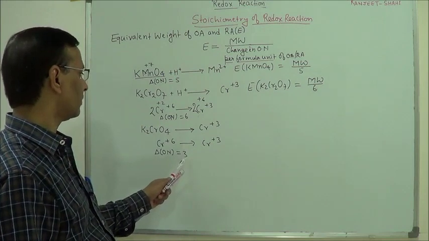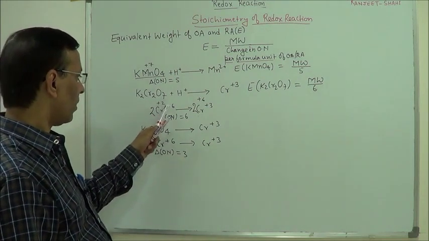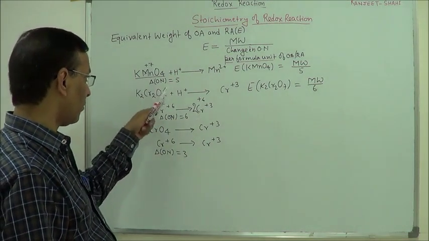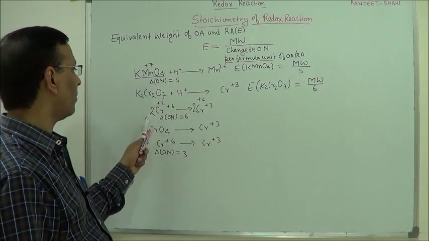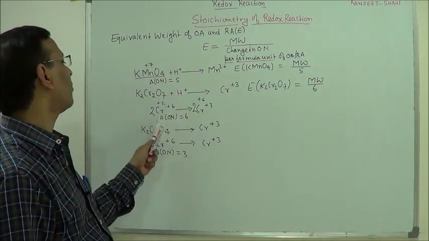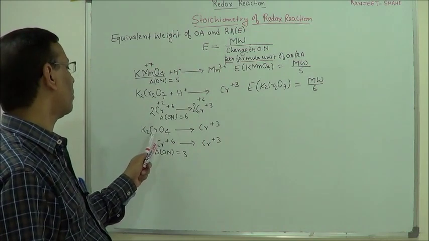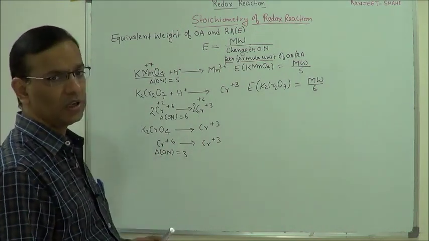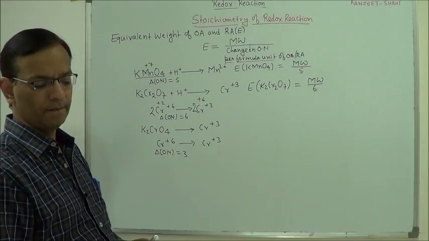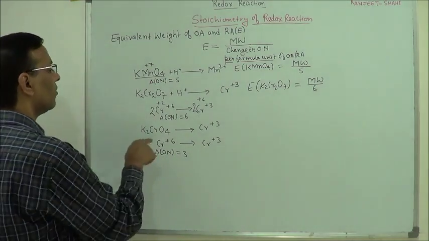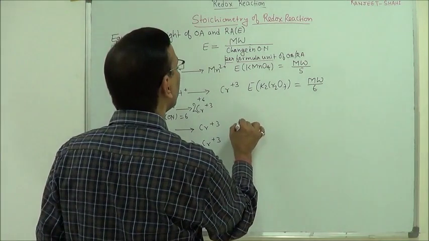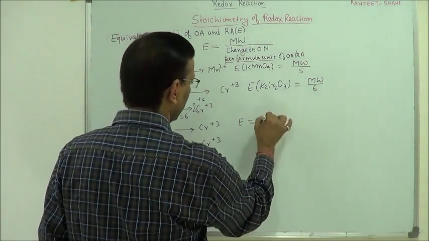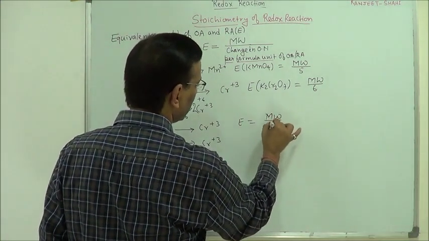In the earlier case, in one formula unit we have 2 chromium, so we had to take difference for the 2 chromium. Here 1 chromium in one formula unit, so difference for 1 chromium will have to be taken only. And therefore for potassium chromate its equivalent weight will be molecular weight divided by 3 only.